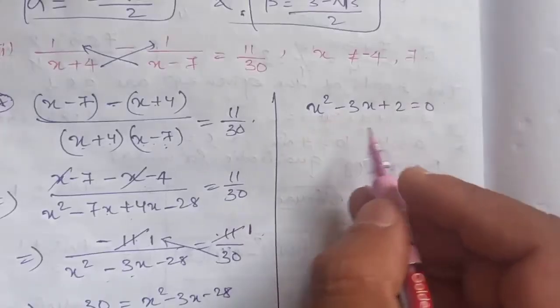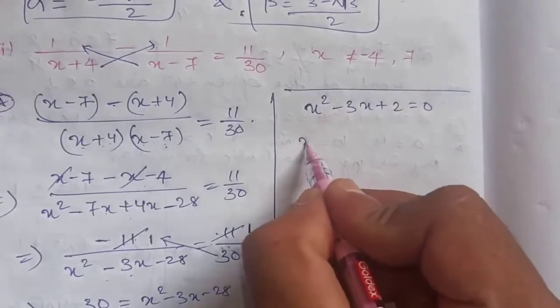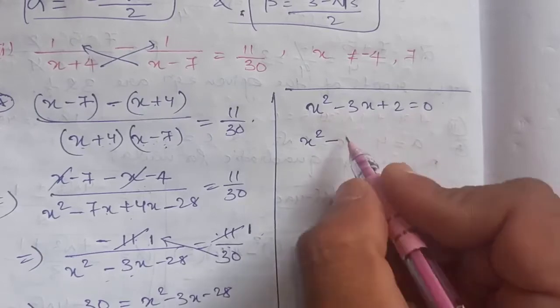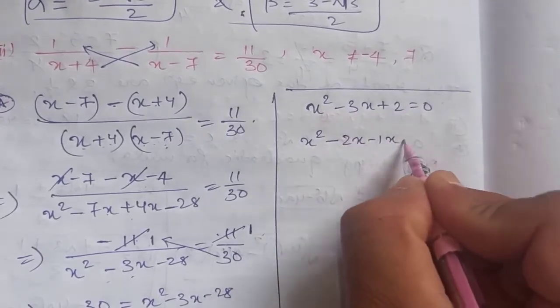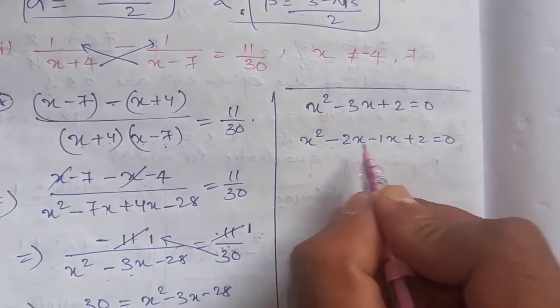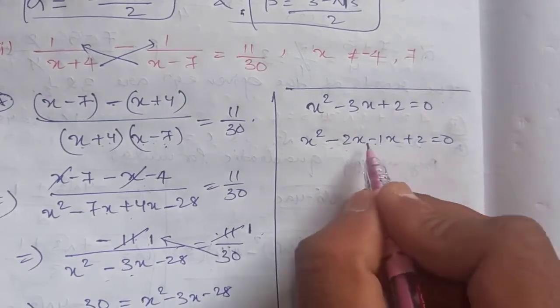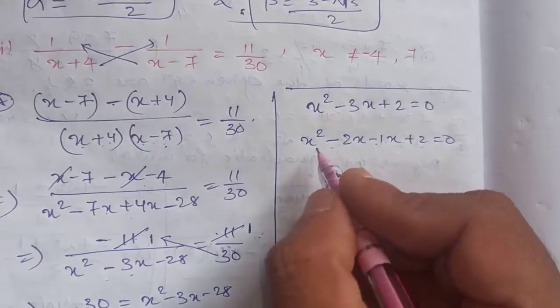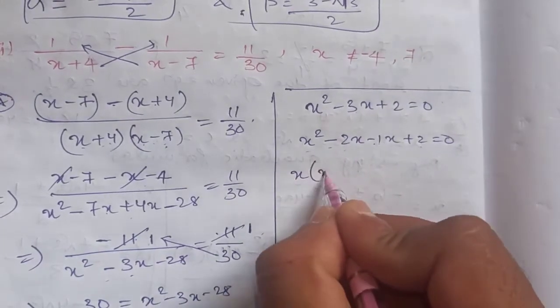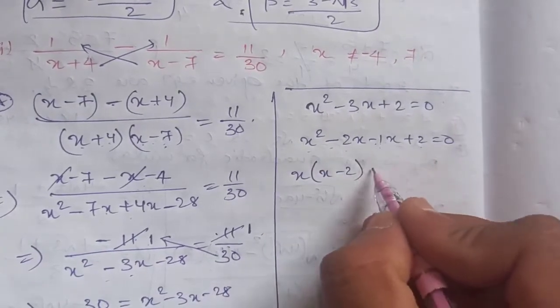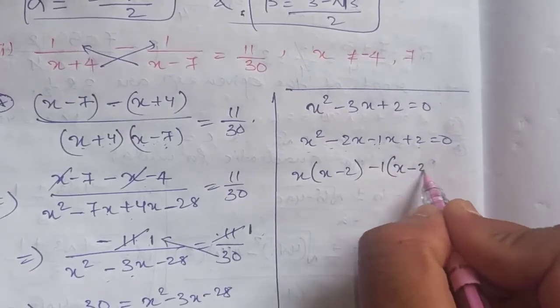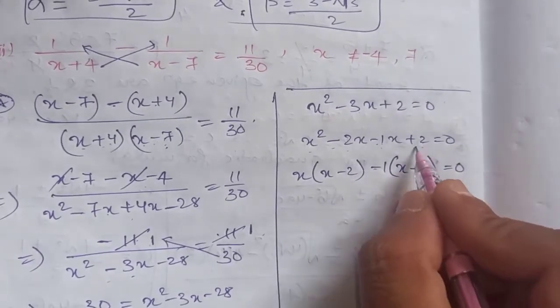Okay, so we can factorize this equation by x square minus 3x can be written as minus 2x minus 1x plus 2 equals to 0, because minus 2 minus 1 is minus 3, and minus 2 times minus 1 will give us 2. Take out x common from this, x minus 2. Take out minus 1 common from this, x minus 2. Okay, minus minus is plus.